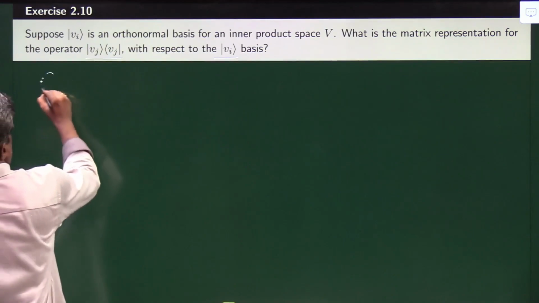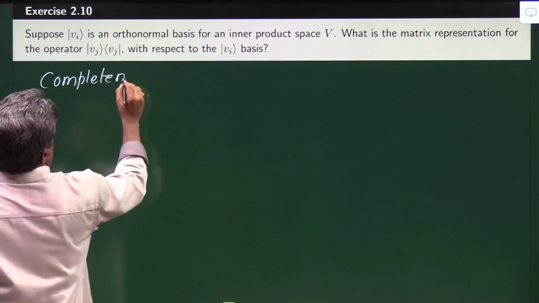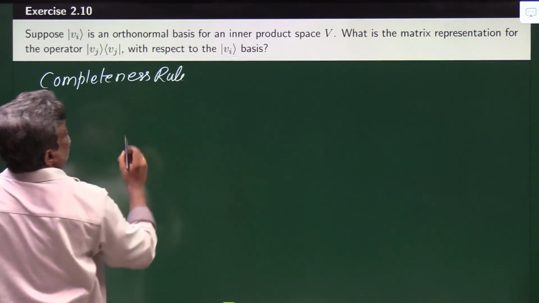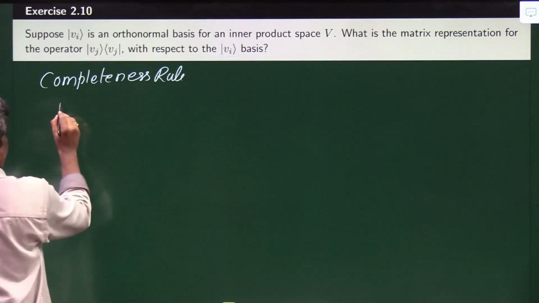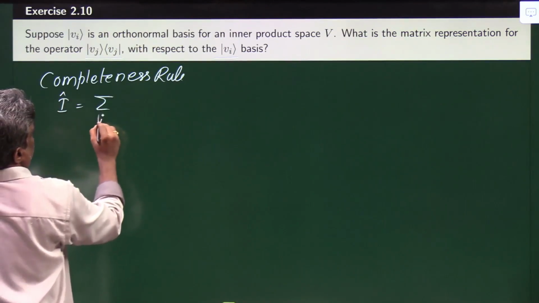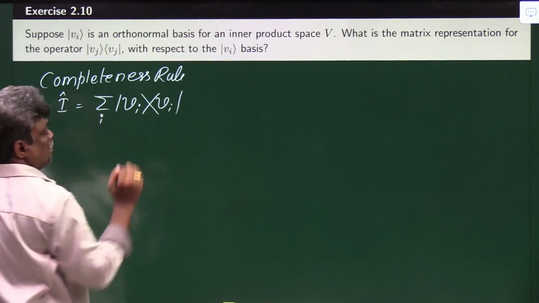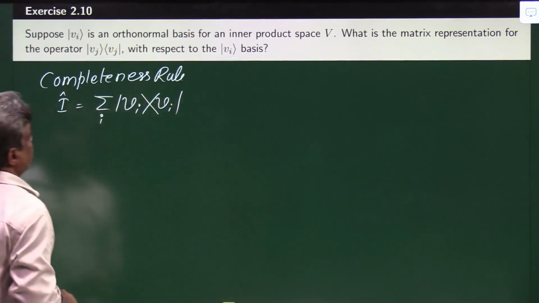Okay, so one more time, completeness rule. So here they want to change into this basis, that's why we can write the completeness rule: the identity I equals the summation over i of the outer product, the sum of all outer products of the basis states is always equal to the identity operator.